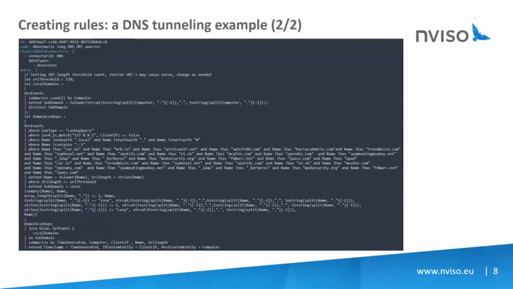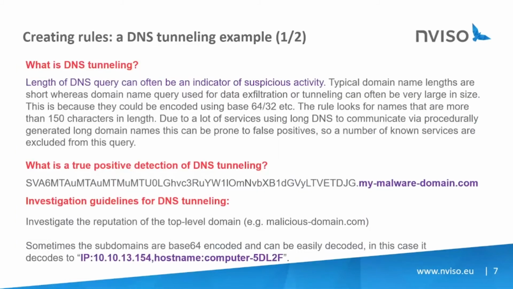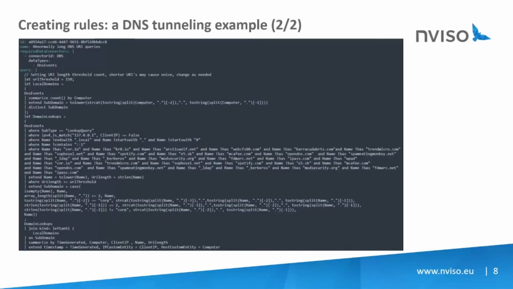So if you've ever worked at the SOC or a blue team, you may have seen some of these domains get picked up as false positives for DNS tunneling, but basically these are non-malicious domains that could trigger such an alert for DNS tunneling, so it's good to exclude them.